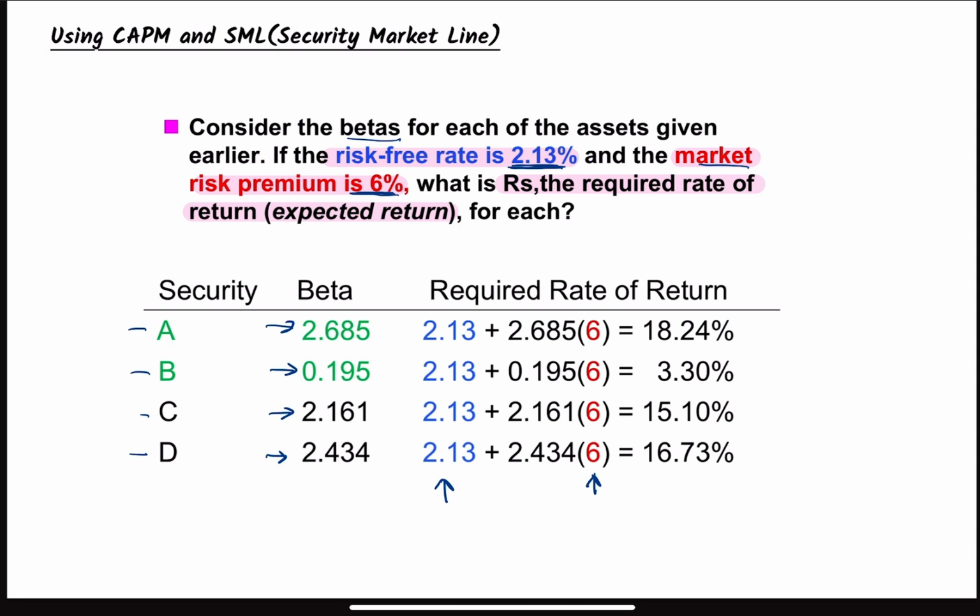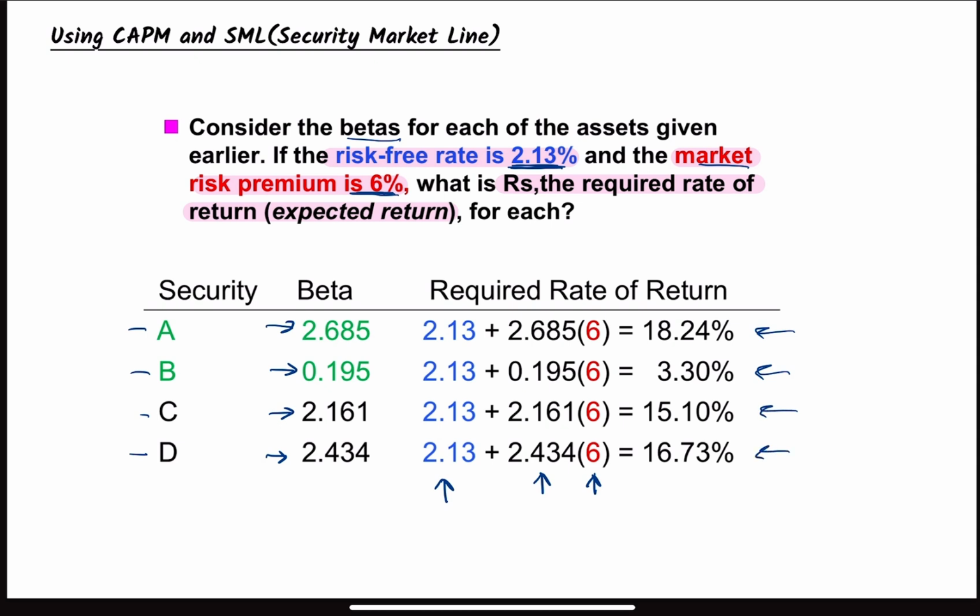That's given to us, so it's 6%. And we're going to multiply that by our beta. So remember, the higher the beta, the more risky the security is, so we're going to see a higher required rate of return, right?